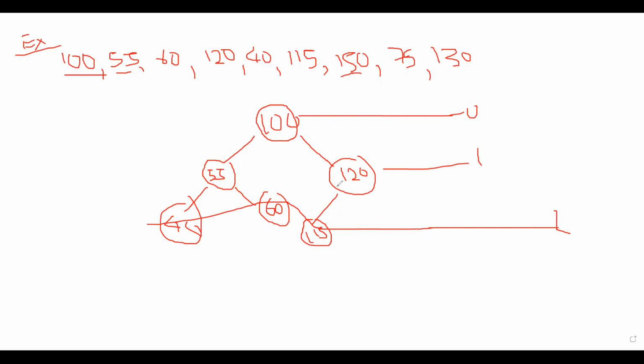Then 150. 150 is higher than 100, higher than 120, so it comes over here. Then 75. Lower than 100, comes over here. Higher than 55, comes over here. Higher than 60, so it goes over here.